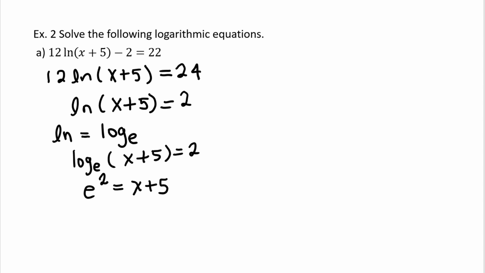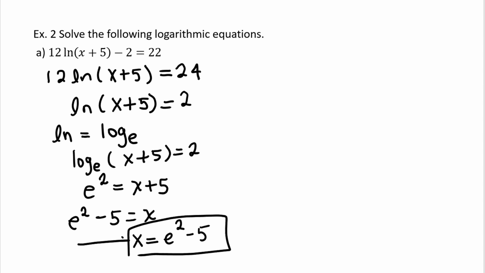Then you can solve for x by itself, and you'd have e squared minus 5 equals x. So our answer is x equals e squared minus 5. This is exact form. An approximation requires you to key these numbers into a calculator.